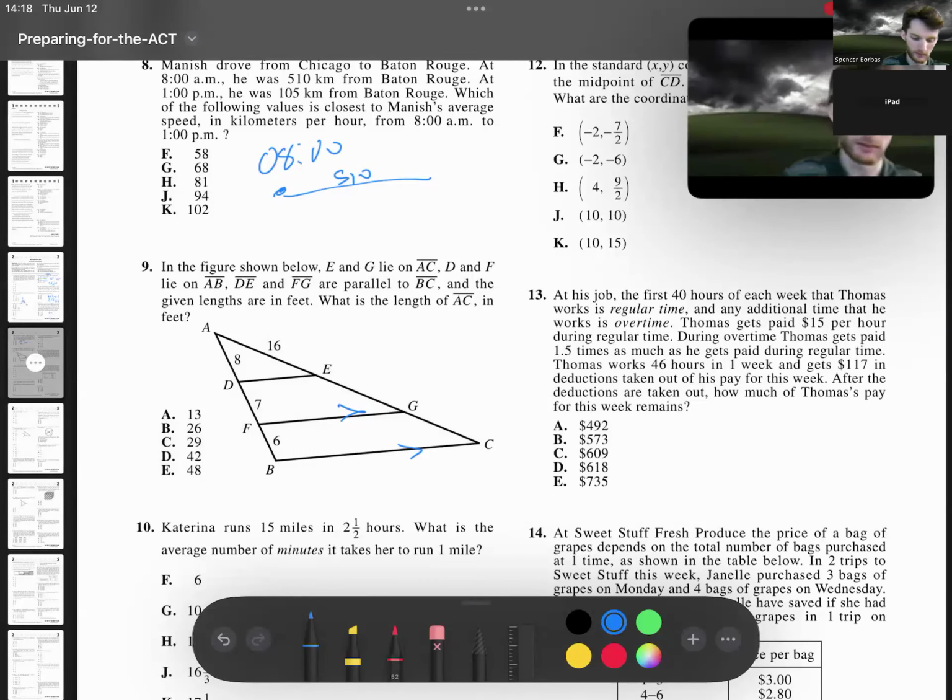Okay, so that means AE divided by AD is equal to AC divided by AB.